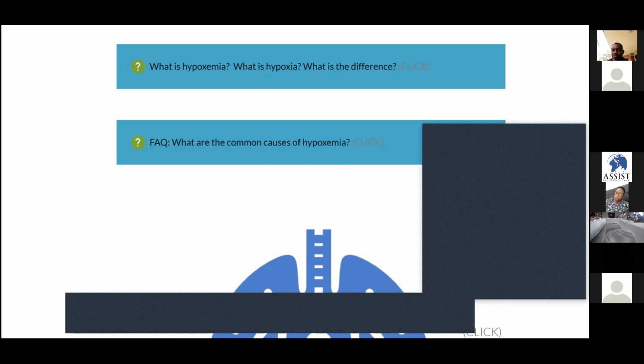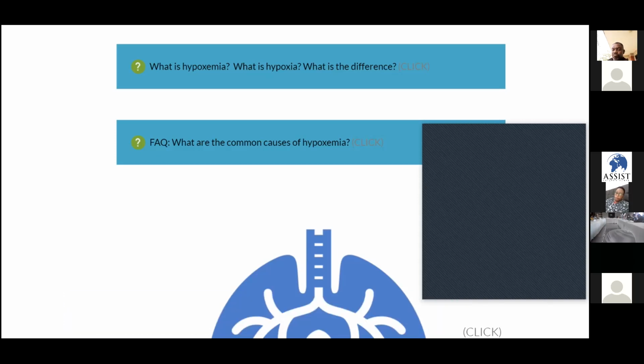But generally, an oxygen saturation or SpO2 of less than 94% should be a cause for worry or investigation. So measurement of oxygen saturation is currently key because COVID will affect your lungs and will affect your ability to utilize oxygen.